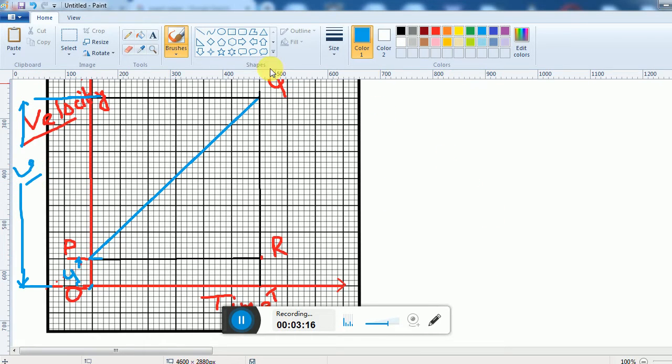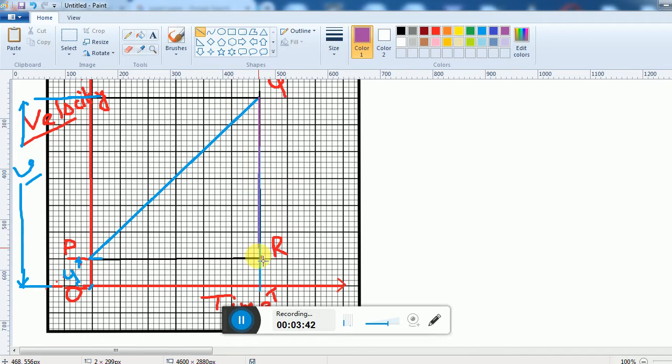Now you have to do some construction, some drawing. This is the point Q. You have to draw a vertical line on this axis, and here also a vertical line, QT. Take a different color, purple.